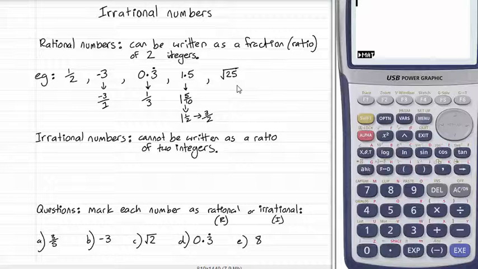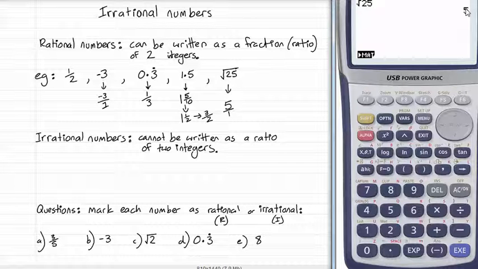Now we know that the answer is 5. 5 times 5 is 25, so the square root of 25 is 5. So it's still a rational number even if it's a square root, as long as it gives a rational answer. So all of those examples are rational numbers. We can see how we can write them as a fraction. I'll just make that 5/1 there so we can see it's clearly a fraction.